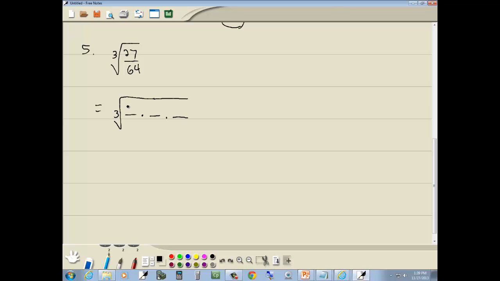Well, 27 is 3 times 3 times 3. Now 64, that would be 4 times 4 times 4. This problem becomes a lot harder if you try to do the true prime factorization of 64. So if you can see it, then go ahead and just write it down like this. Well, our index is 3. We're looking for a set of 3 of something. So here's three 3/4s. They're going to come out in front as a single 3/4. And that's our answer.